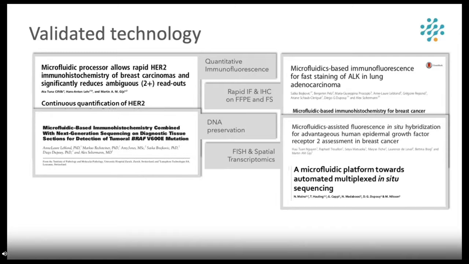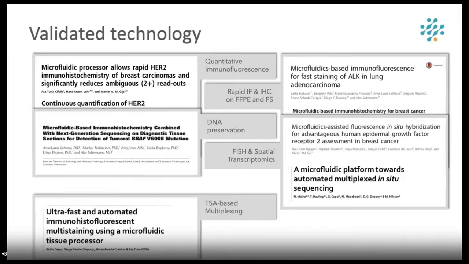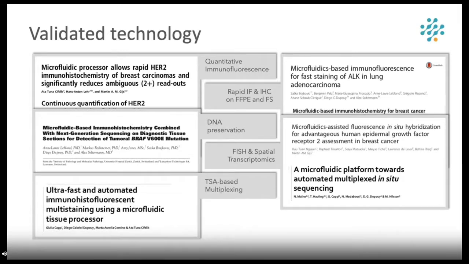With our technology, we can also run FISH assays and targeted RNA expression. And finally, in this presentation, I'd like to introduce you to the use of our technology and our instrument LabSat to perform tailor-made signal amplification-based multiplexing assays in combination with the Opal kit.